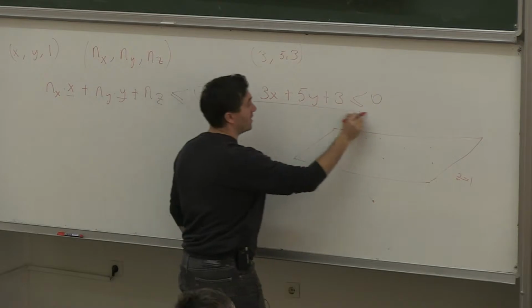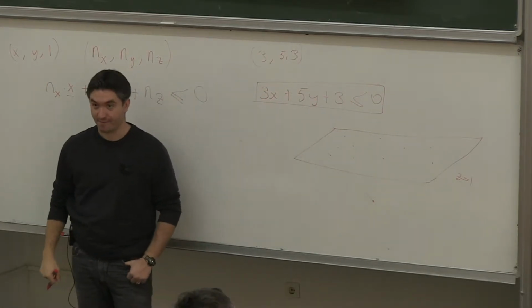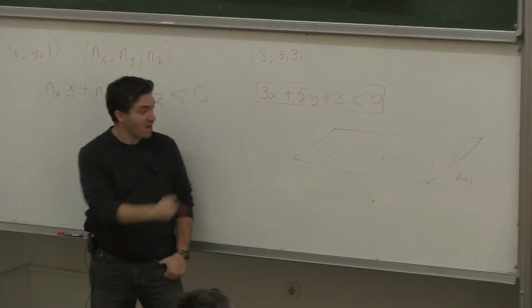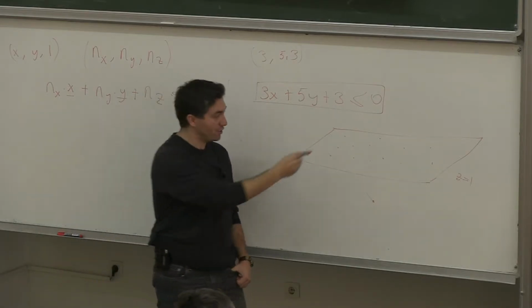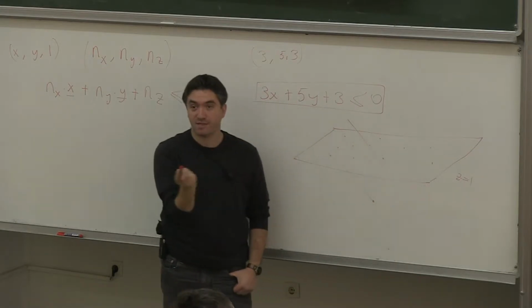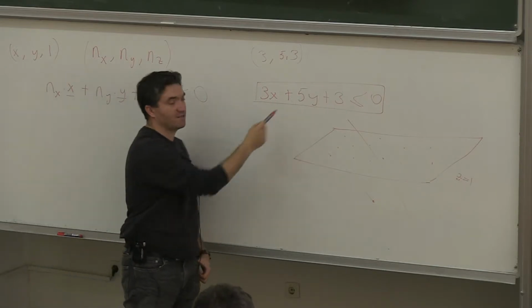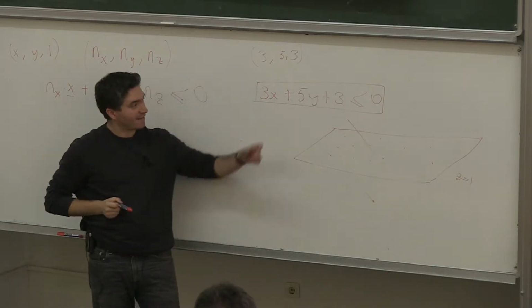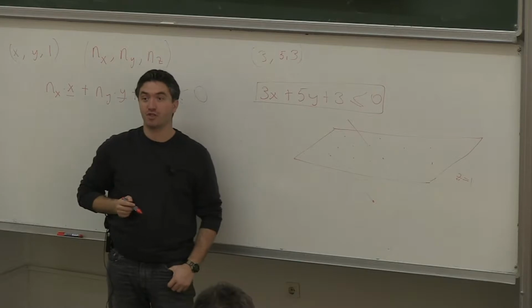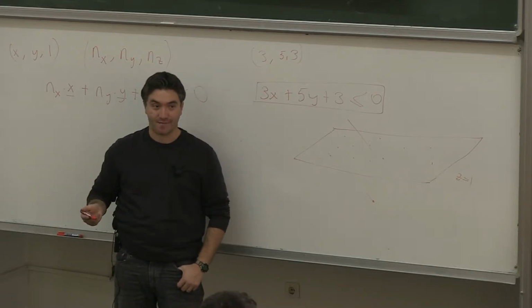This inequality actually is going to define a line on this plane. So 3x plus 5y plus 3 is a line equation. Okay, this one is going to define a line here, and less than or equal to 0 means that it's going to define a half plane.